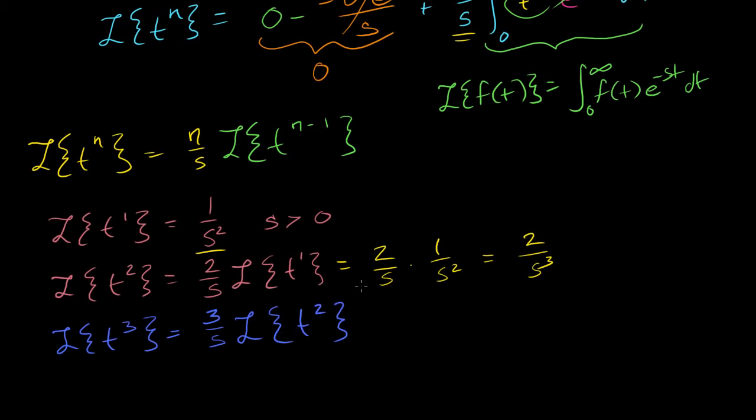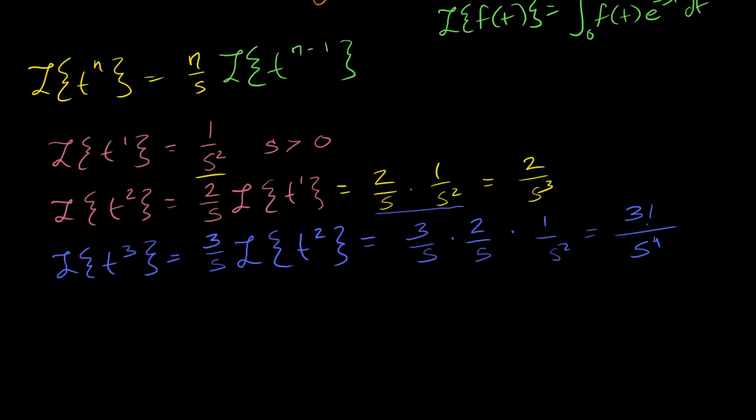So it's equal to 3 over s times this thing. And I'm going to actually write it this way because I think it's interesting. So I'll write the numerator 3 times 2 times 1 over s squared, which we can write as 3 factorial over s to the 4th power.